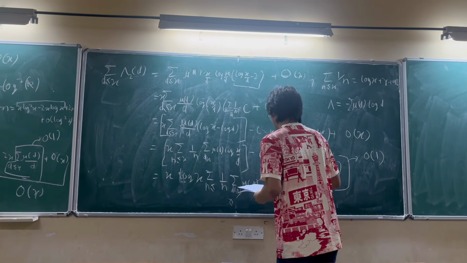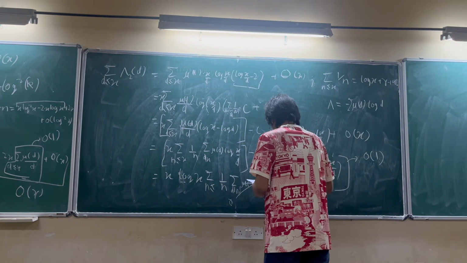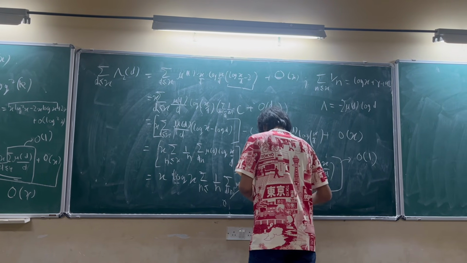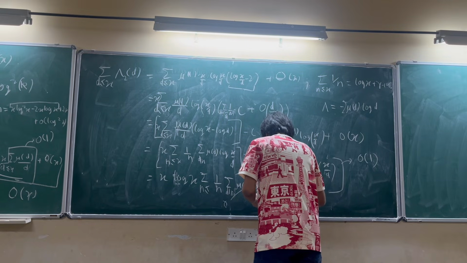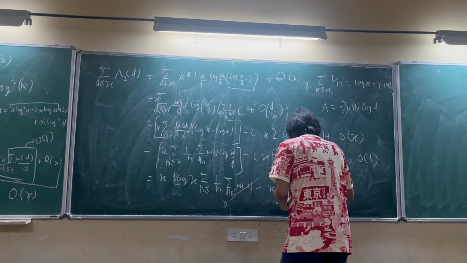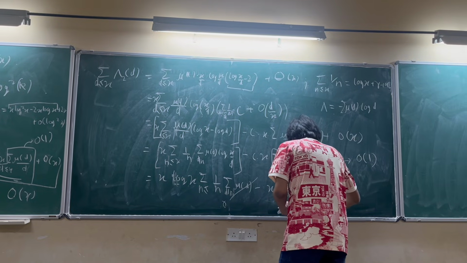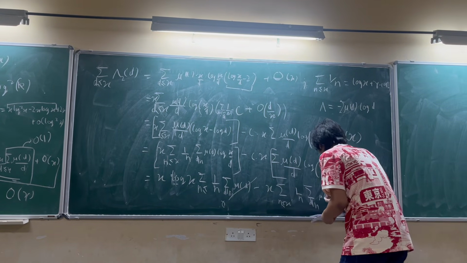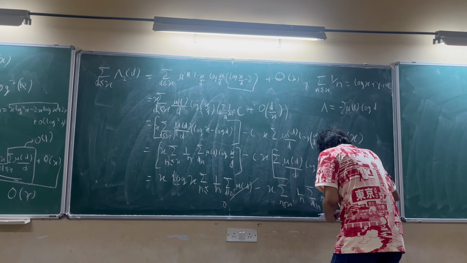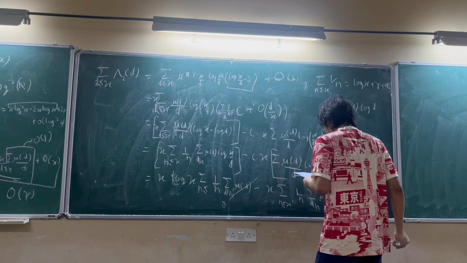On the residual term, what do we get? We get minus x times the summation over n less than or equal to x of 1 by n, times the summation over d dividing n of mu d log t.